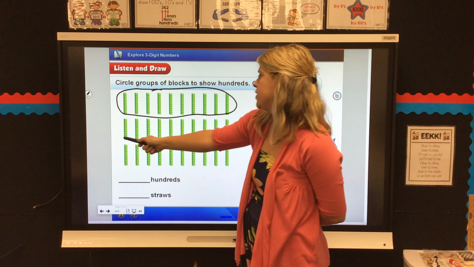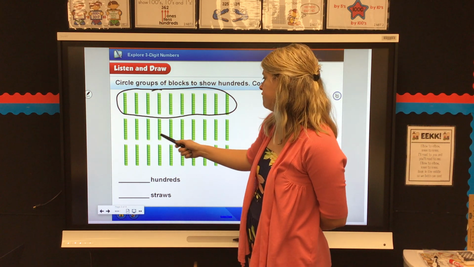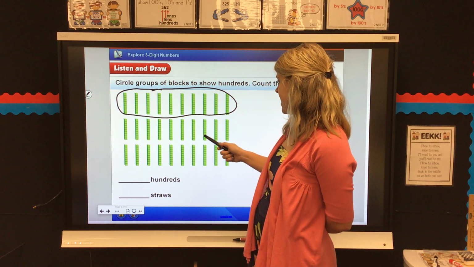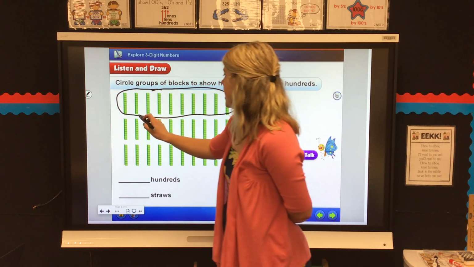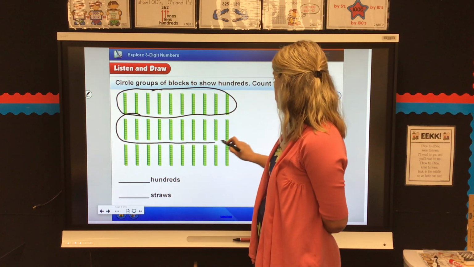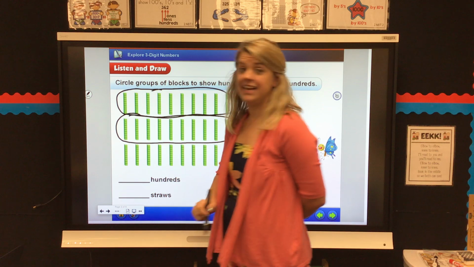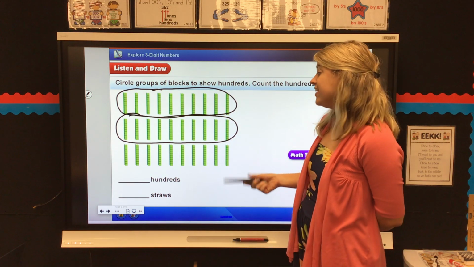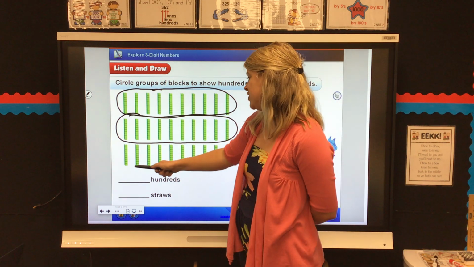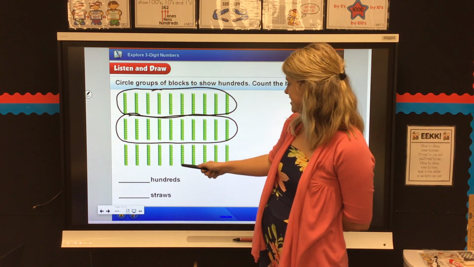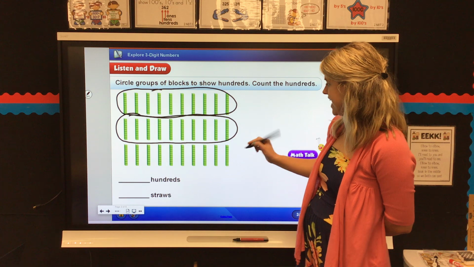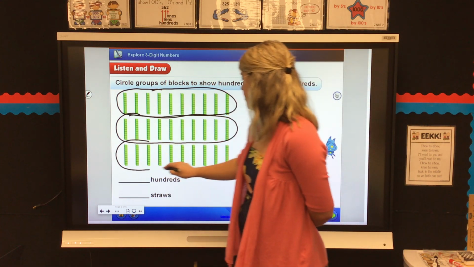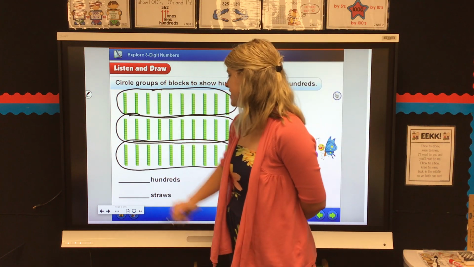Let's see if we can do another one. 1, 2, 3, 4, 5, 6, 7, 8, 9, 10. I can do another one. So here we go. That is 200 now. All right, and our last one, let's see, I have 1, 2, 3, 4, 5, 6, 7, 8, 9, 10. I can make another 100 flat there.